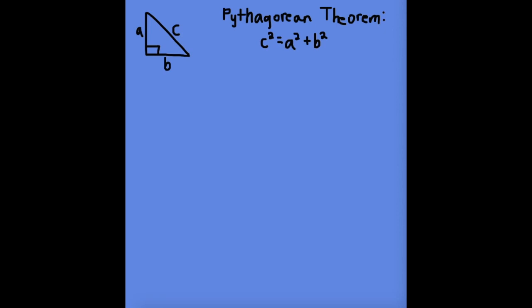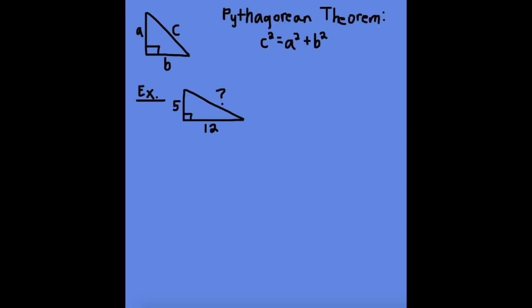If you're confused with all the variables involved in this theorem, let's do some practice problems. Let's say I have a triangle with legs of 5 and 12. What is the hypotenuse?